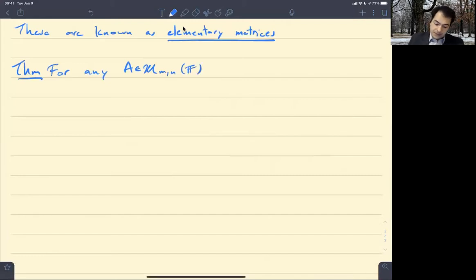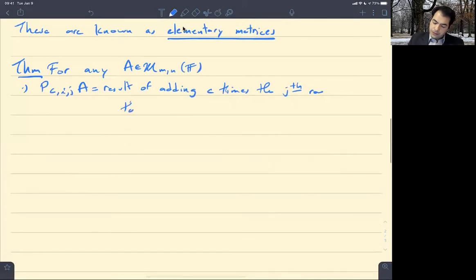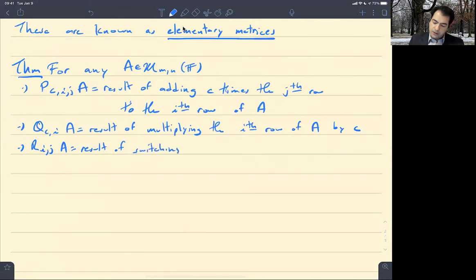For any m by n matrix A, the product P_{C,ij} A is the result of adding C times the jth row to the ith row of A. Q_{C,i} A is the result of multiplying the ith row of A by C, and R_ij A is the result of switching the ith and jth rows of A. I encourage you to try to prove this yourself.